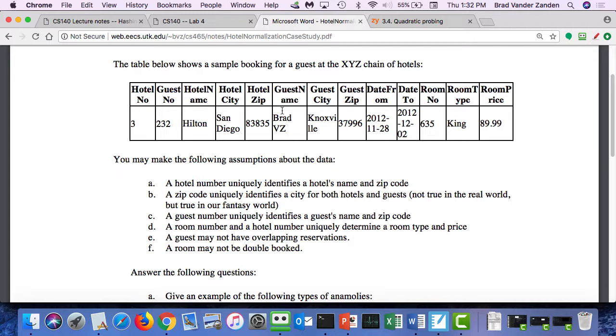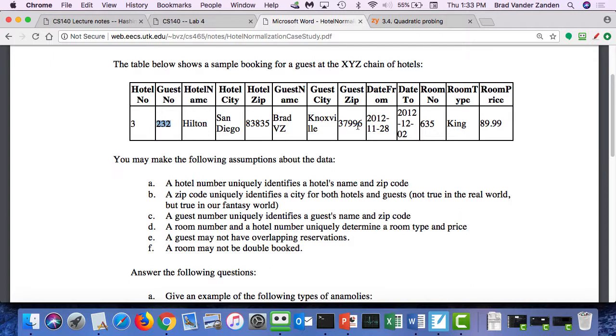And then conversely, if I make the primary key be guest number and date, now I have two insert anomalies, one for hotel and one for room. I guess what I'm saying is I have two different primary keys, and the type of insert anomaly I have will depend on my primary key.